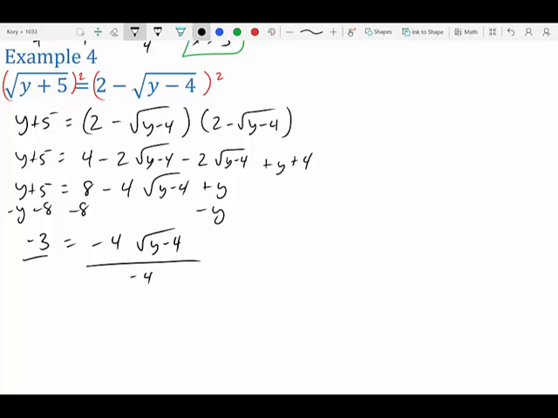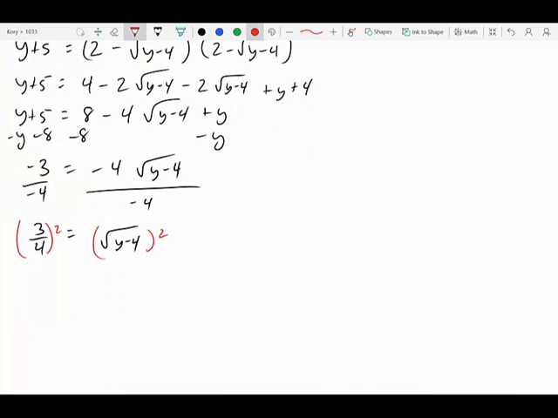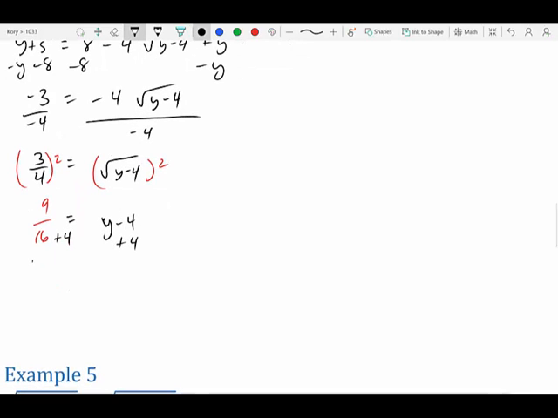Divide by negative 4. So we have 3 over 4 equals the square root of y minus 4. Now we need to repeat the steps again. Square both sides. So we have 9 over 16 equals y minus 4. Add 4 to both sides. So we have 9 over 16 plus 4 over 1 equals y.